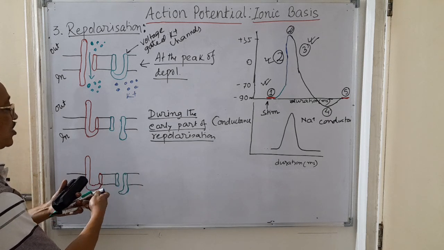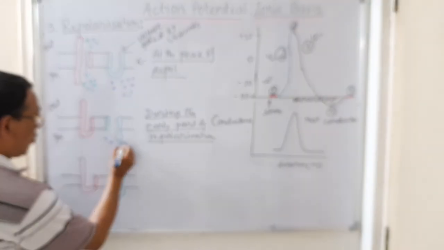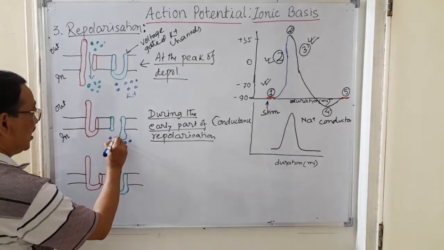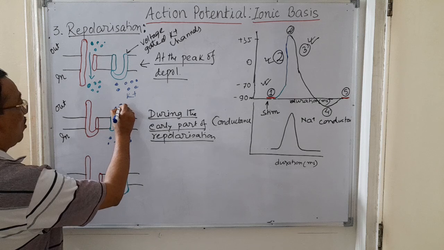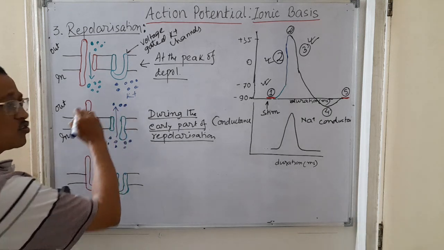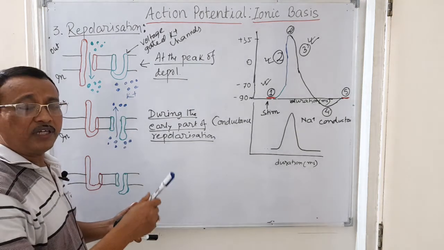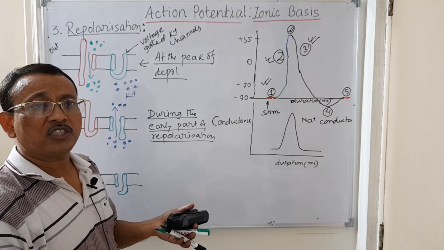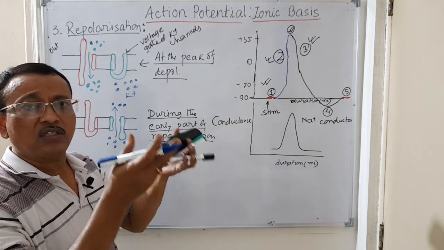As the potassium channels open, and as the potassium concentration is very high inside, there is a rapid exit of the potassium ion from inside to outside. So rapid exit of the potassium ion means positive ions are going out.